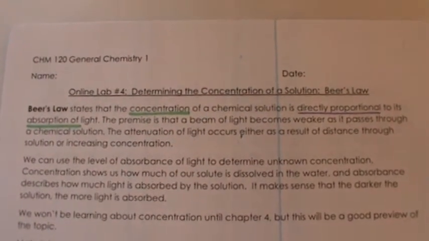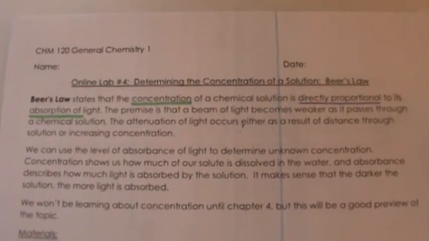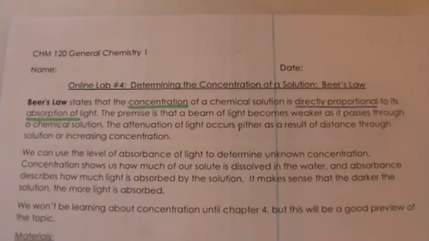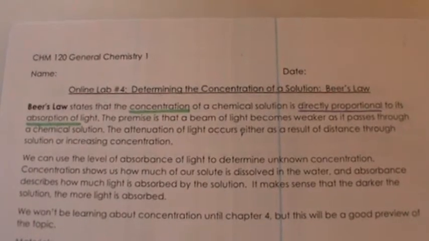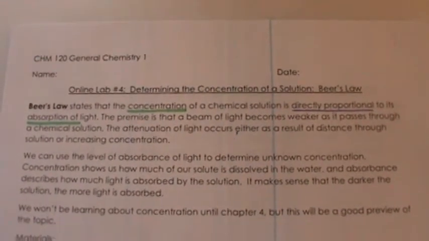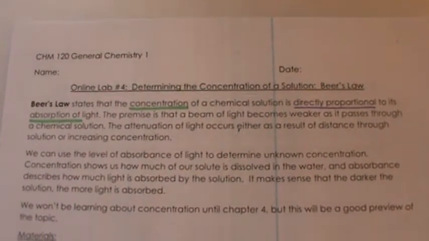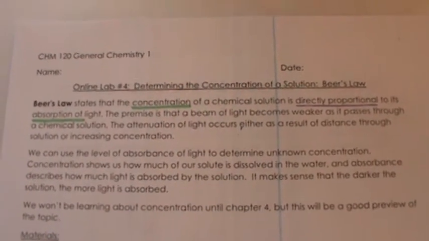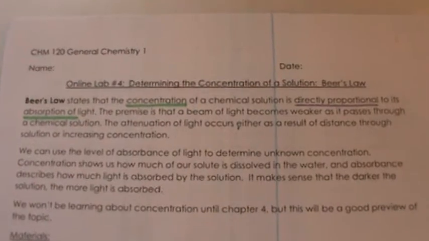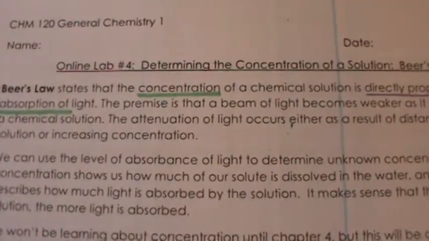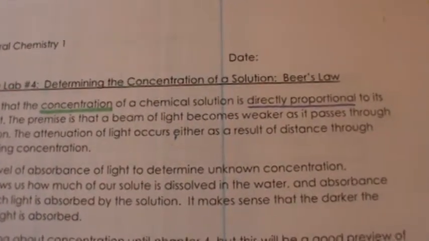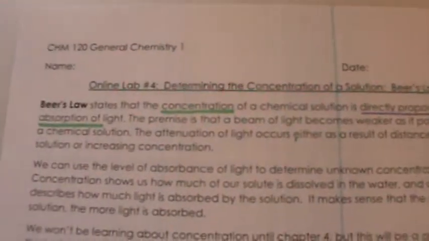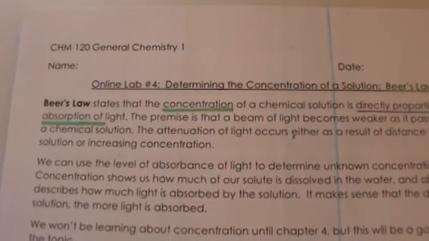Today we're going to be doing lab number 4, the determination of a concentration of solution using Beer's law. Now, I've had students be concerned about that in the past, but Beer's law doesn't have anything at all to do with alcohol or the beverage beer. It instead states that the concentration of a chemical solution is directly proportional to its absorption of light.